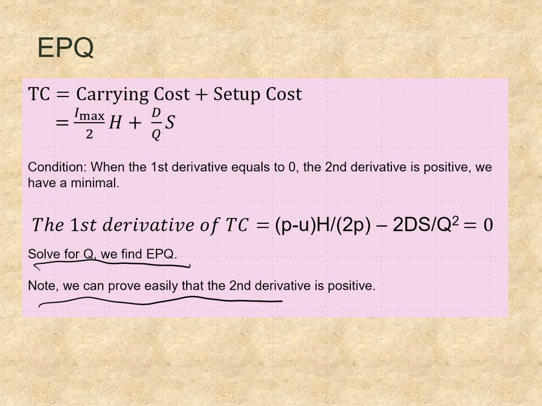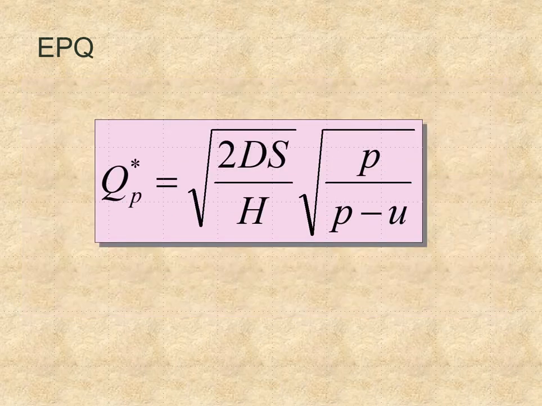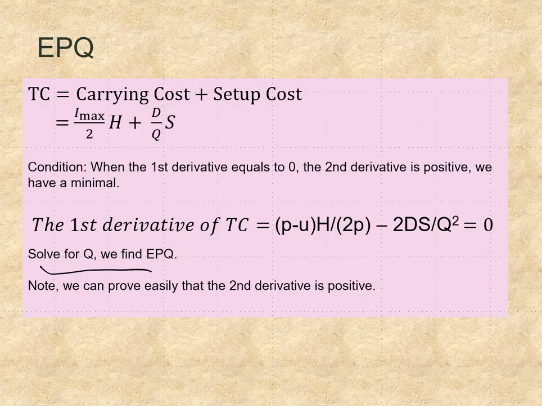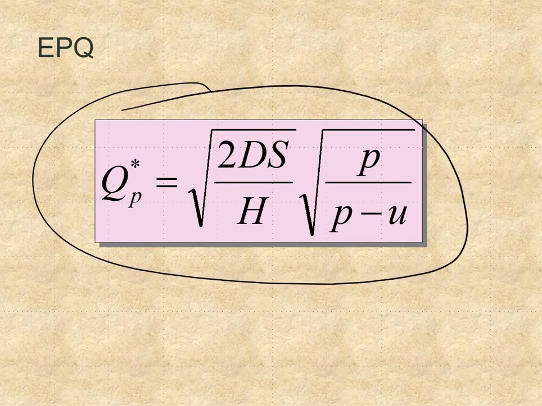We can also prove easily that the second derivative is positive, which we're going to skip in this class, and we're not going to require you to be able to do that. When we solve for Q, the answer is Q star of production, which is EPQ, equals the square root of 2DS divided by H times P divided by P minus U.